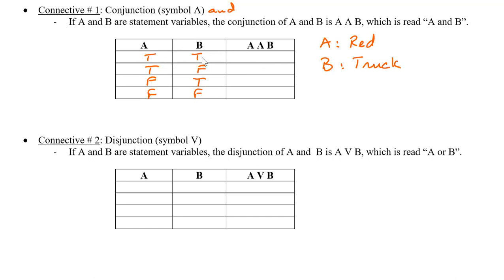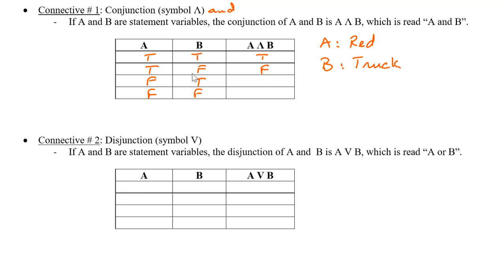So when is my statement true? When did I get what I want? I want a red vehicle, but I want it to be a truck. That means I need a red truck. So if A is true and B is true, that means I got what I want. It's a red truck. I have it. But because my complaint is I want both red and a truck, A true but B false will make my statement false.